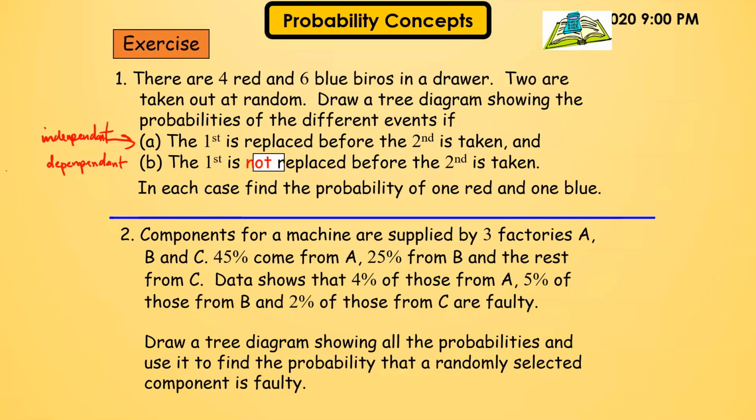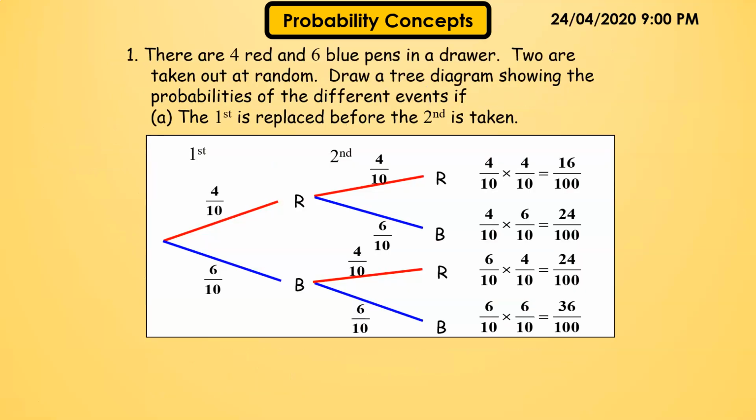Okay, hopefully you gave that a go, and let's see how you get on. So question 1 looks like this. There are 4 red and 6 blue, so 4 red, 6 blue. So we should end up with that. And because we're using replacement, it stays the same for the second event.